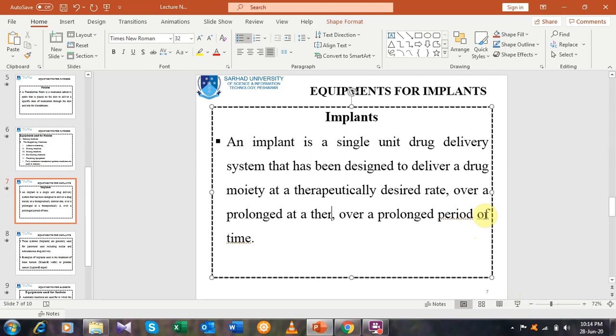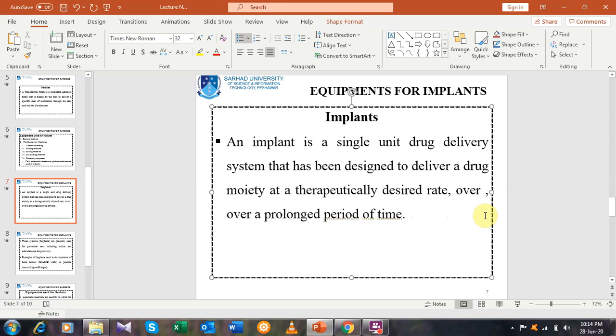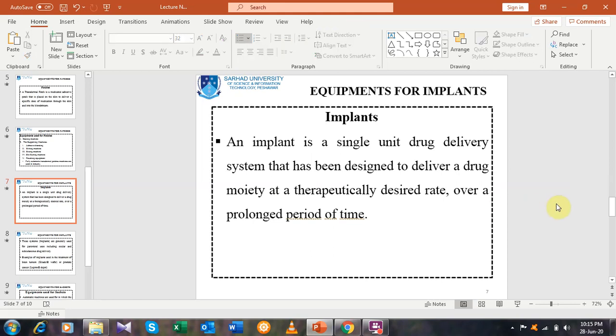That is, the desired rate is focused on prolonged action, it means that the release of the drug is prolonged or delayed. Implants are a type of modified release drug.